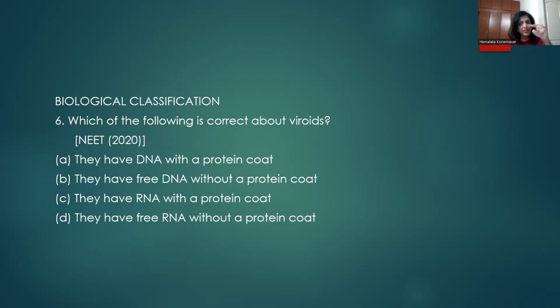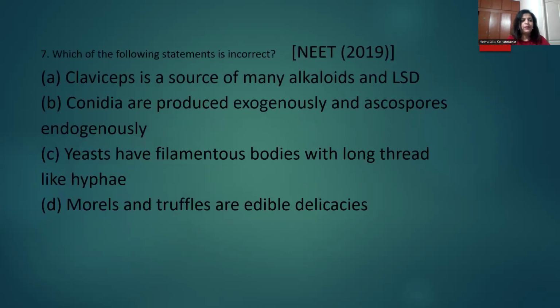Viroids were discovered by T.O. Diener. They have free RNA without protein coat: that is right. RNA with protein coat is wrong, as they don't have a protein coat. That's why I told you, anytime I explain, a little description will help you answer well. Next, go to the next question.